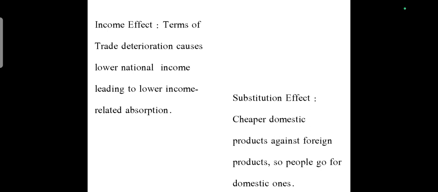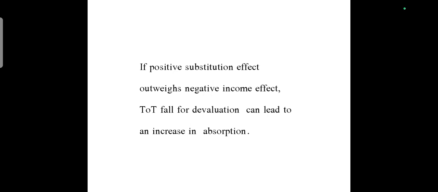But in the substitution effect, cheaper domestic products against foreign products lead domestic people to go for the domestic ones. So if the positive substitution effect outweighs the negative income effect, the terms of trade fall from devaluation can lead to an increase in direct absorption.